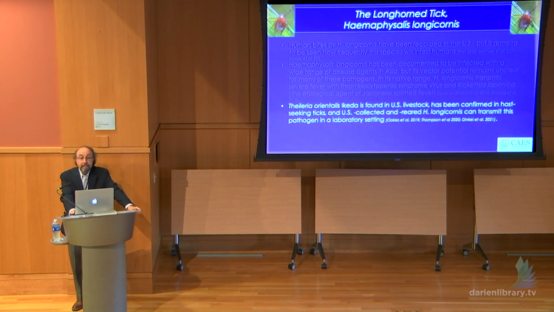In the United States, so far, this tick is capable of transmitting a disease agent called Theileria orientalis, and the disease is called theileriosis. It is now becoming a major problem in those areas that have a cattle industry.